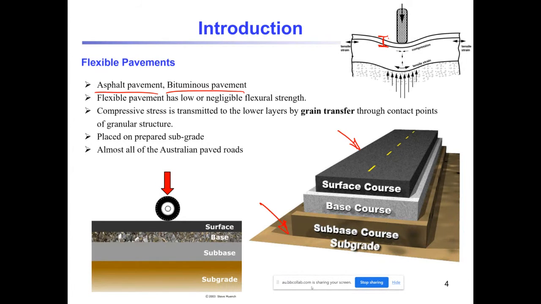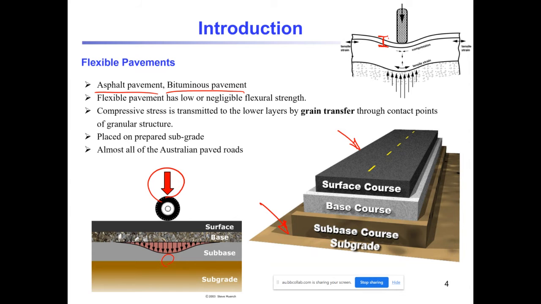What is the distribution of the stress? So initially we have a concentrated load at the surface. Now in order to distribute the load and reach the acceptable level, we need to use several layers. We use the surface layer. Still the magnitude is large. It is not acceptable for the subgrade. Therefore we use base layer.